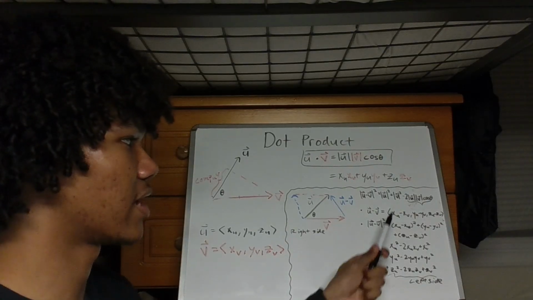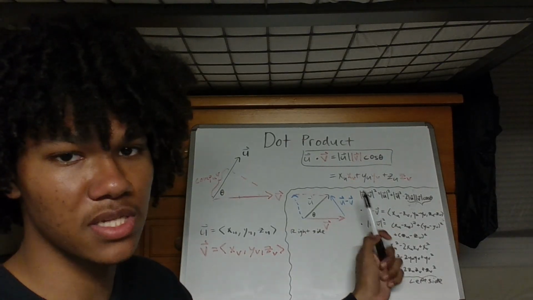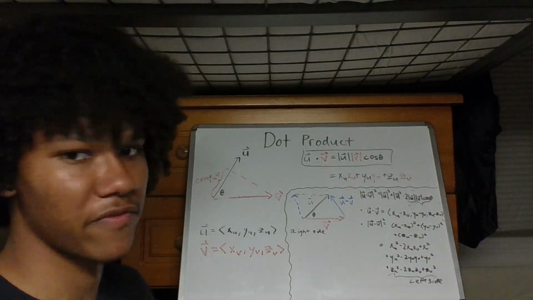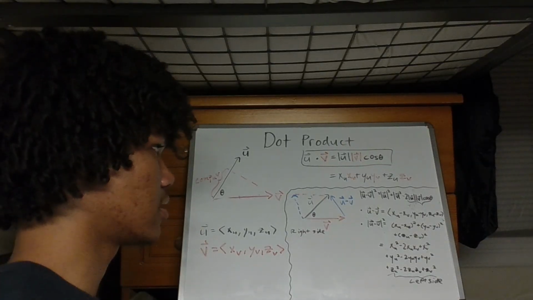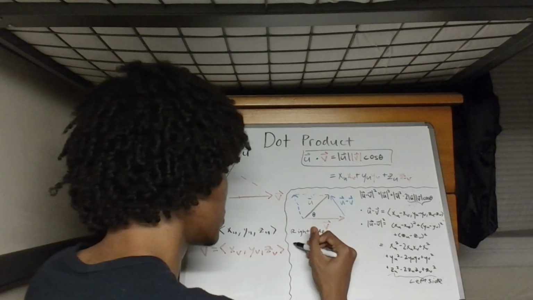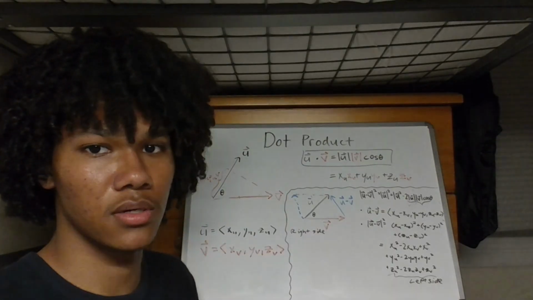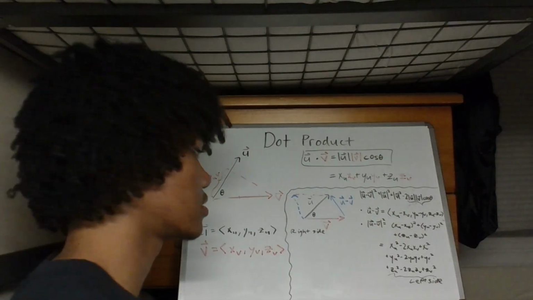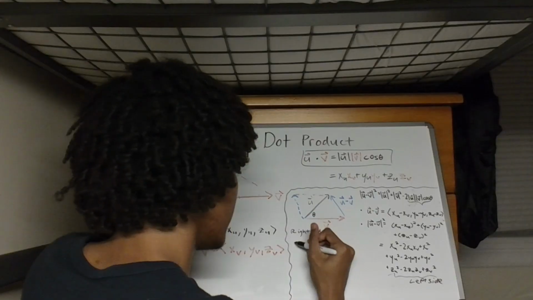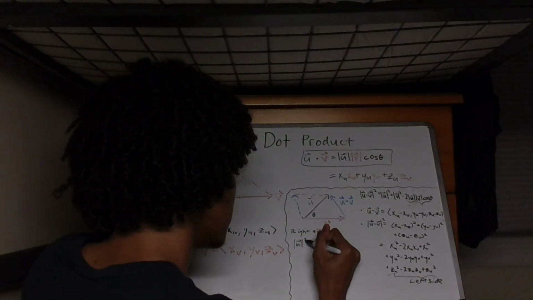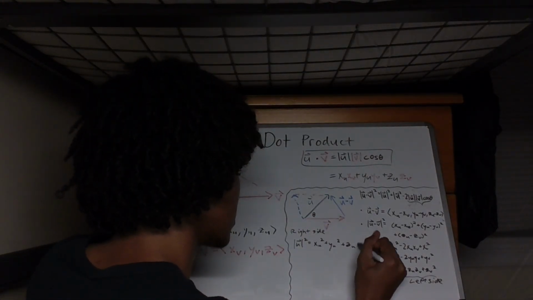On the right side, we have the magnitude of u squared plus the magnitude of v squared. And again, from distance formula, we can just write the magnitude of u squared as the square of each component summed together.